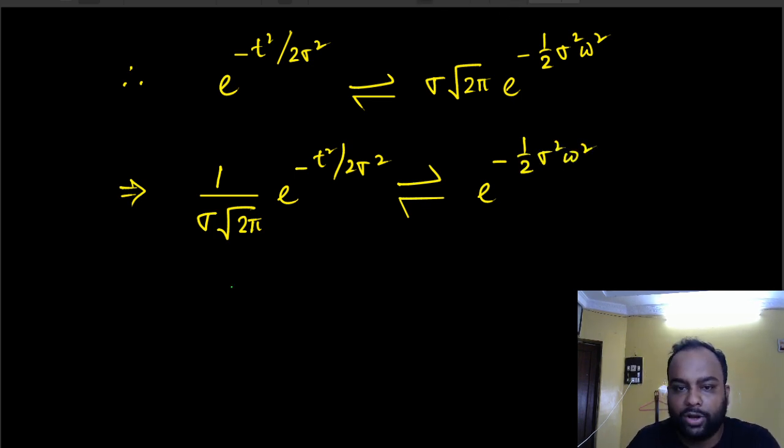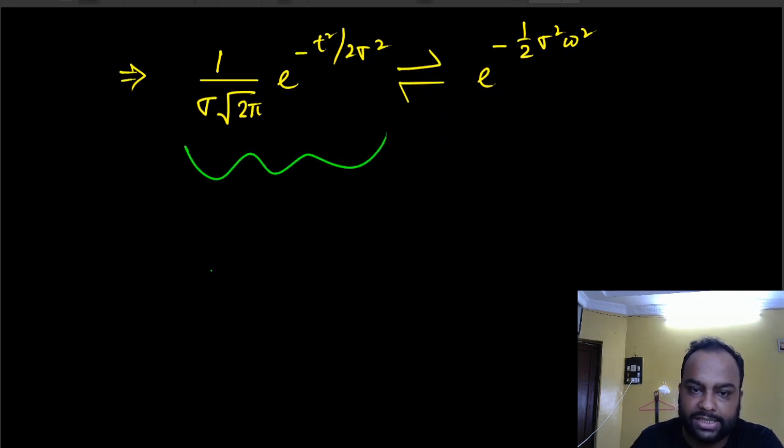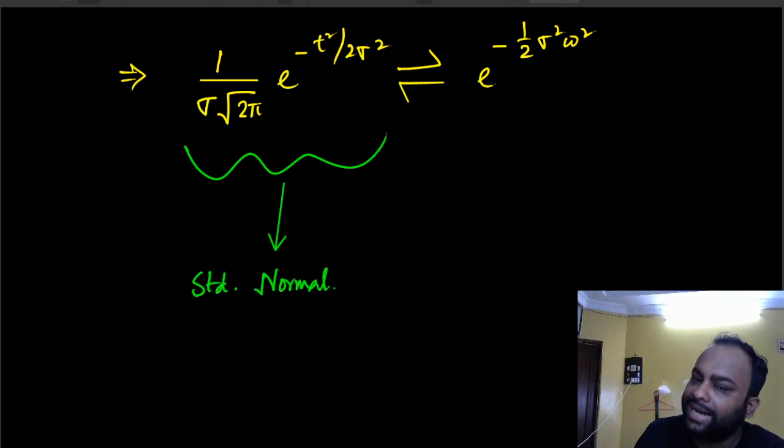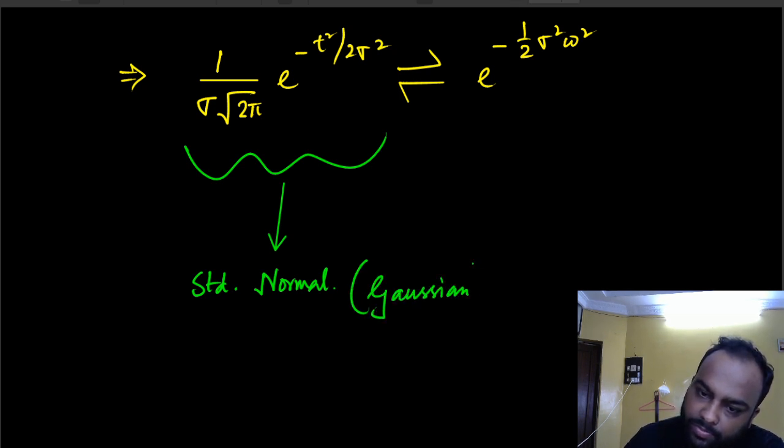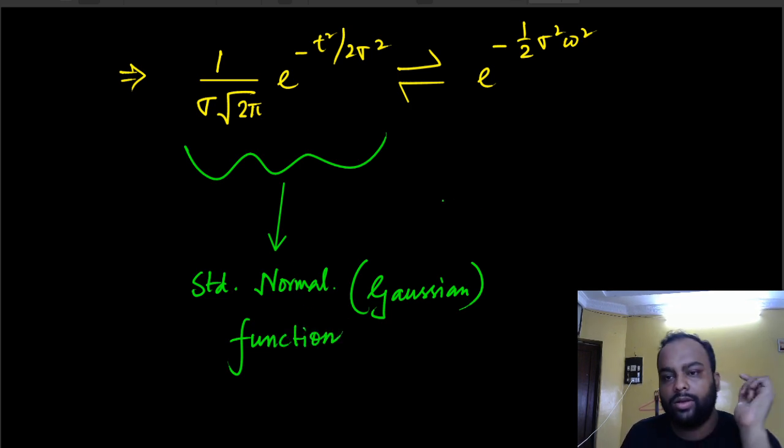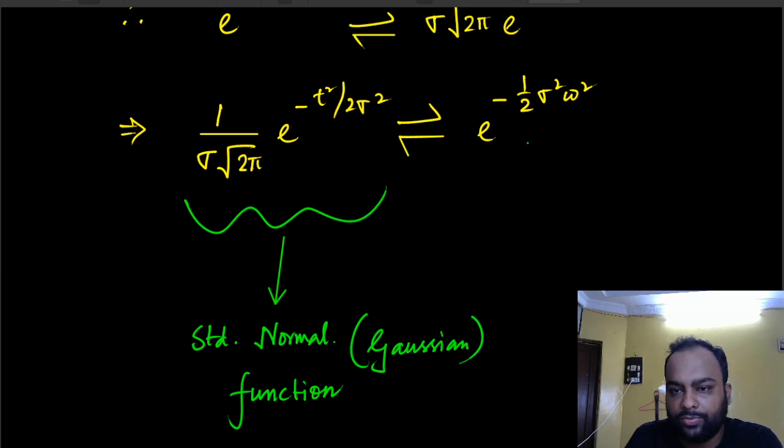Some of you might already realize that this is the function for the standard normal distribution, or standard Gaussian distribution. So this signal has this Fourier transform.